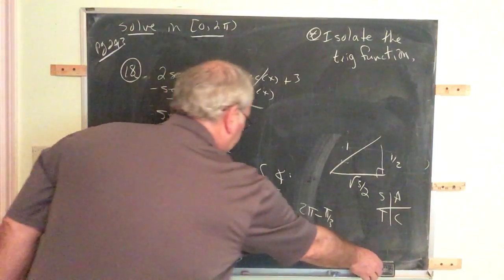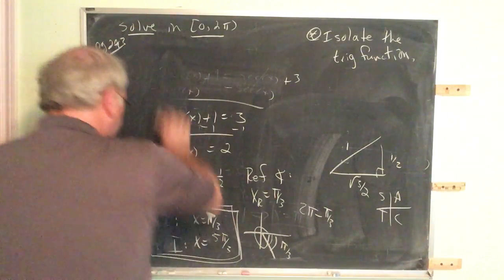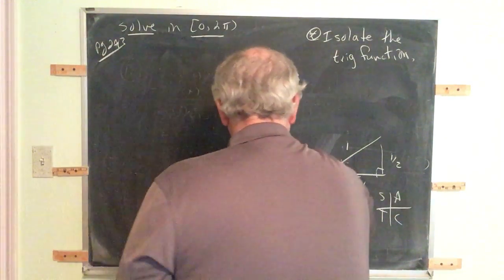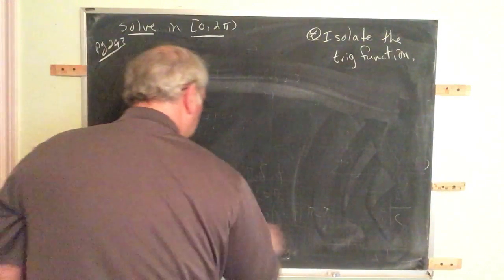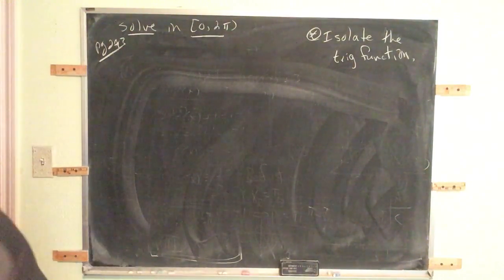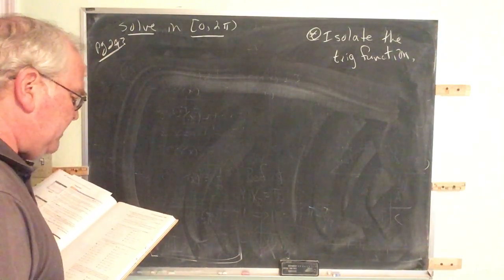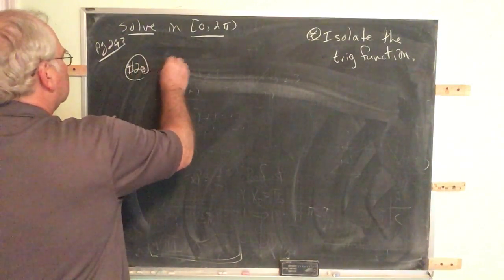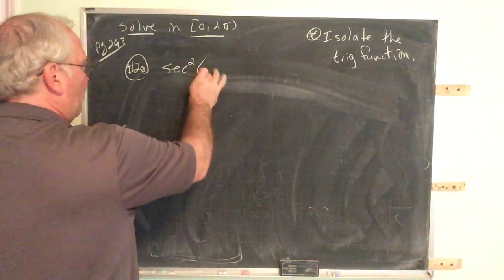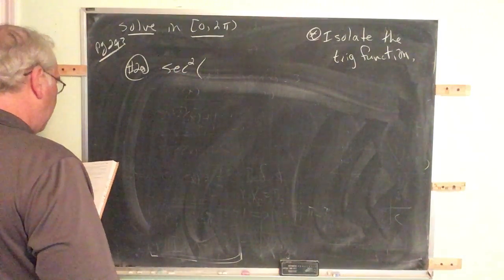All right. So let's see if we can throw number 20 up here. Number 20 says, we have secant squared of x plus 2 equals -1. So we're going to practice our secant, changing it into cosine process again.